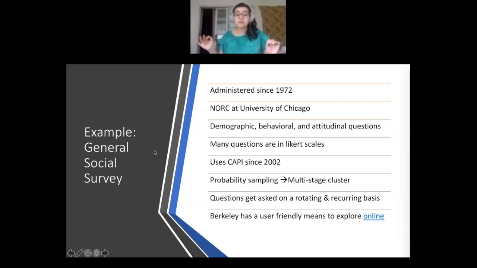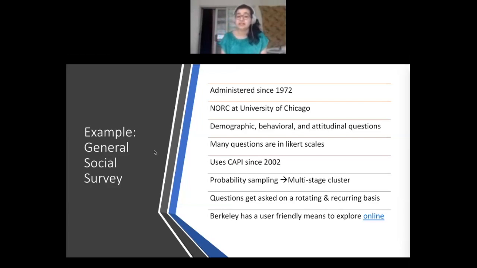So an example of this is the General Social Survey, and it's a general purpose survey. It has not a specific purpose, but it's just a large opinion portal on different people's attitudes and behaviors, and it's been done since 1972. It's one of the longest running attitudinal surveys, and it is representative of the US population as a whole.